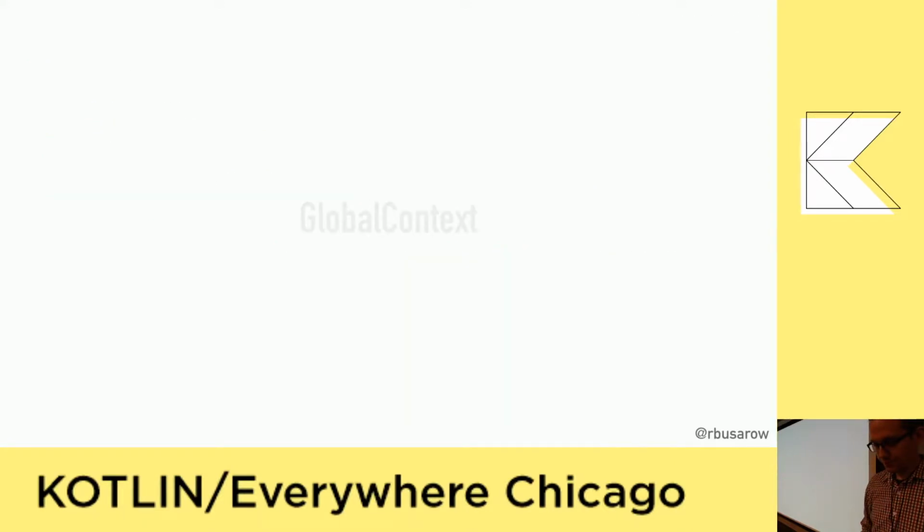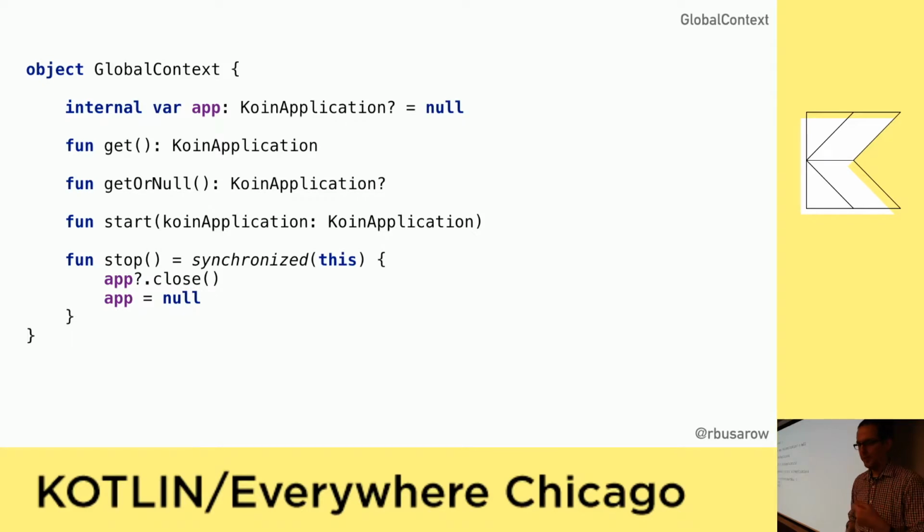So next, after we understand that, we have to talk about the global context. This is pretty much exactly what you think it is. Probably. It's a singleton that has a single nullable reference to a Koin application. So this allows you to basically hot swap Koin instances throughout the lifetime of your app, as well as stopping them.